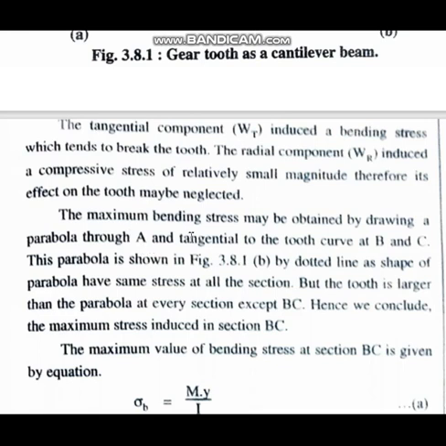The maximum bending stress may be obtained by drawing a parabola through A and tangential to the tooth curve BC.